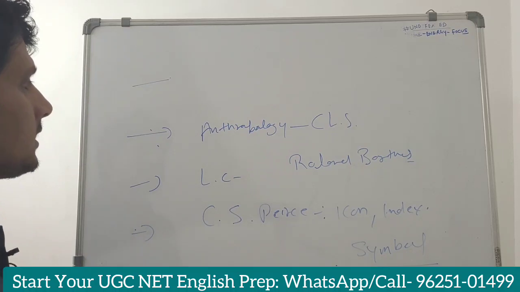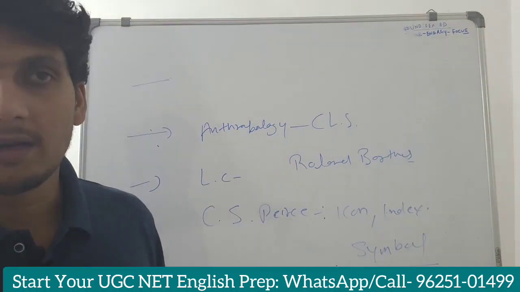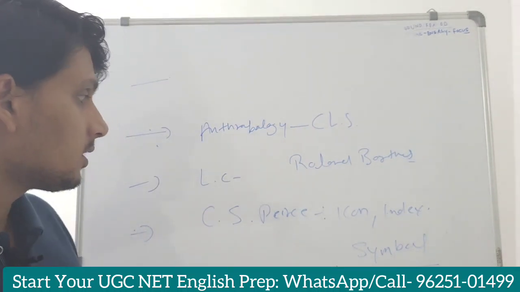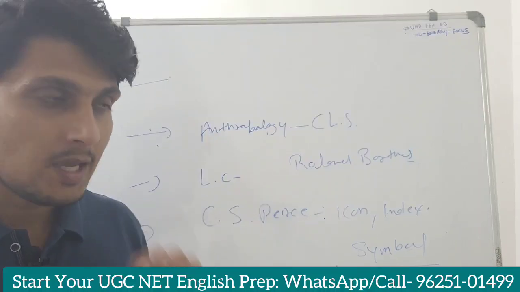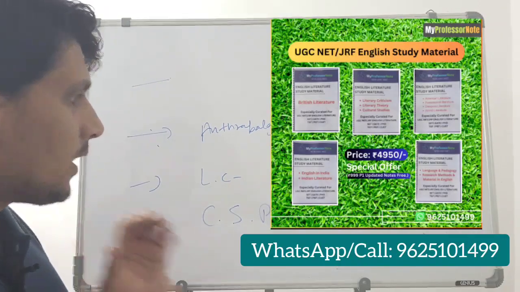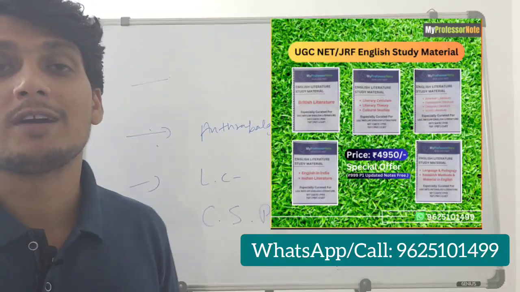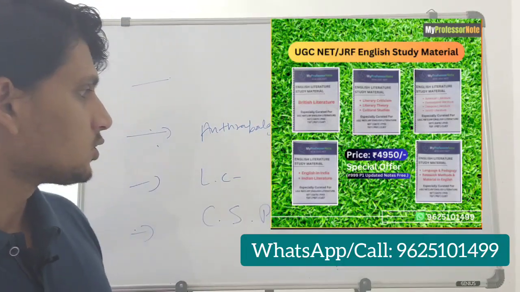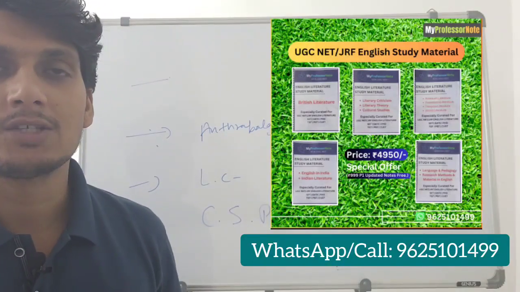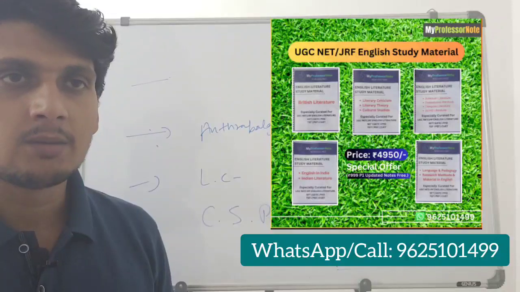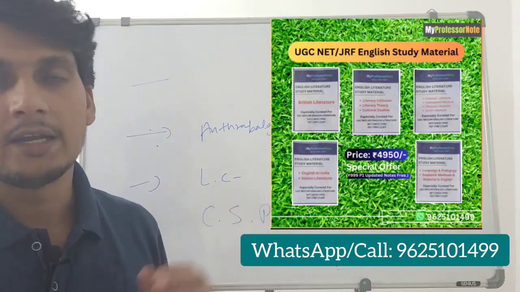So we will be discussing these theorists in an upcoming video in a detailed manner, as they are very important from an exam perspective, because the main point and the main purpose of these videos is to make you qualify JRF. Right? So we will be covering all of these concepts, the whole syllabus of UGC NET English Literature in a crisp and clear manner, in a detailed manner, so all the concepts get ingrained in your mind.